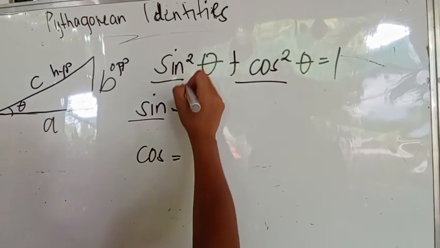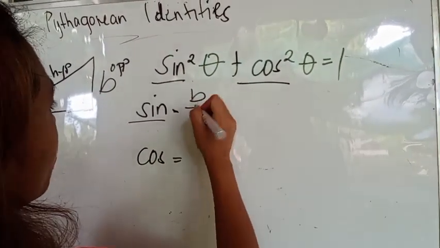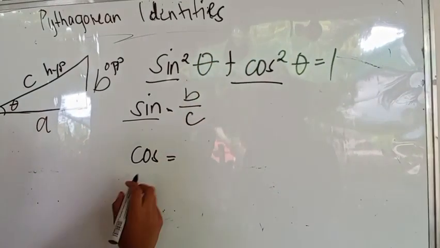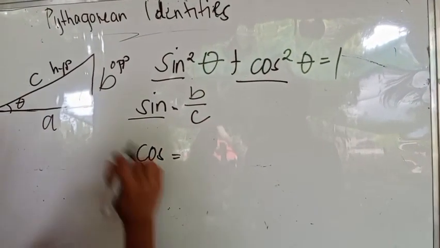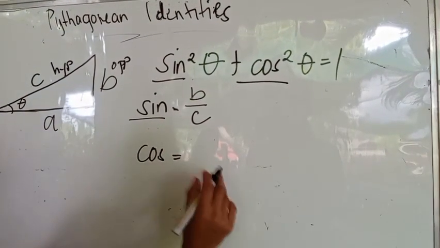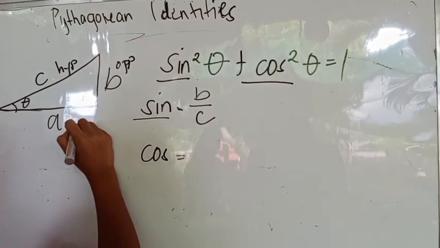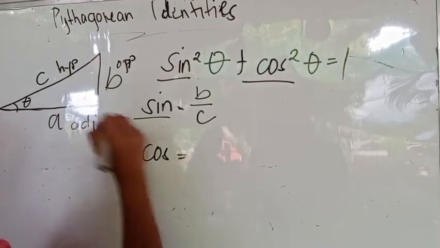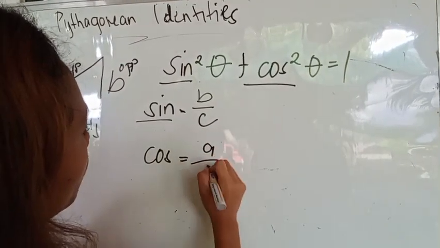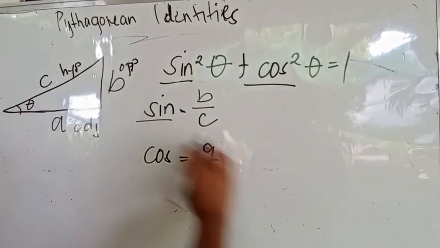So we're going to write it here: sine theta is b over c. And the cosine is adjacent over hypotenuse, where this is the adjacent, the a. We're going to put it here over c, which is the hypotenuse.